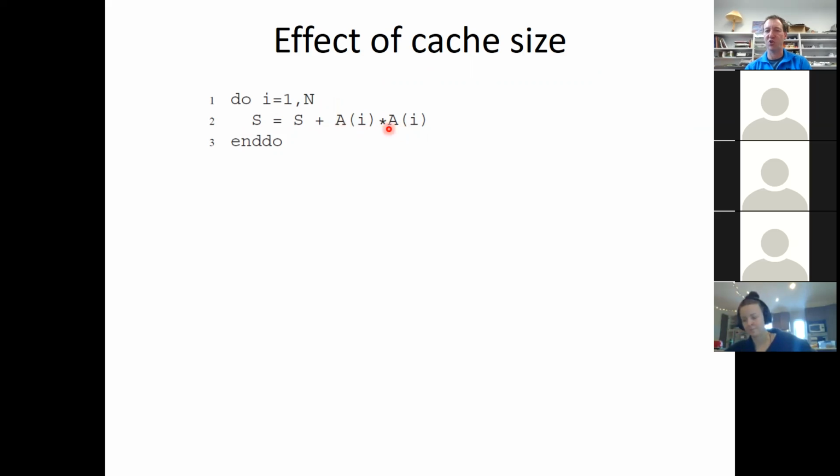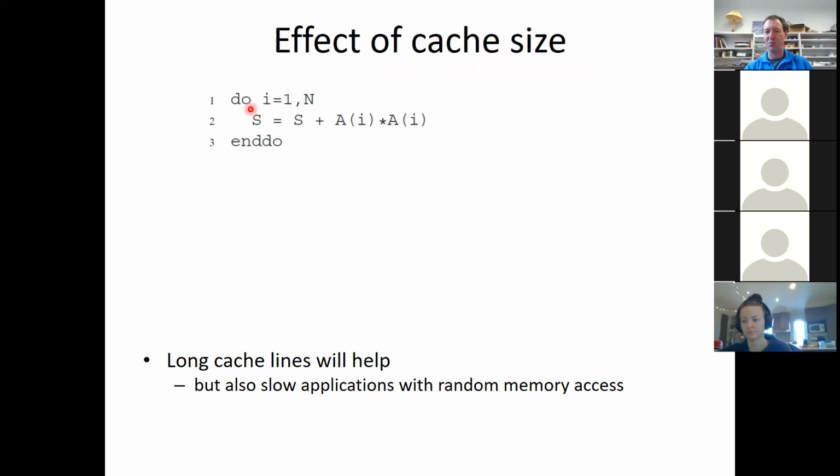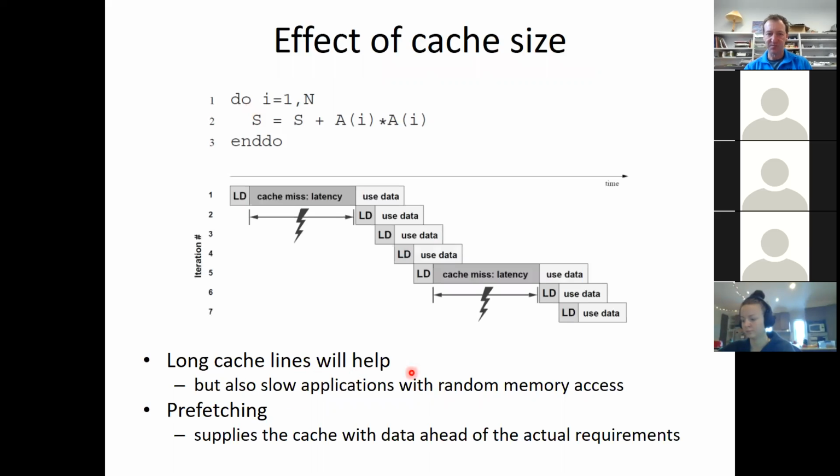We have velocity squared times a mass, and this is what we sum up as the kinetic energy. Just a reduce loop. What would the effect of the cache size be? The memory elements will be loaded in as cache lines. So having long cache lines probably will help, but it will also slow applications with random memory access.